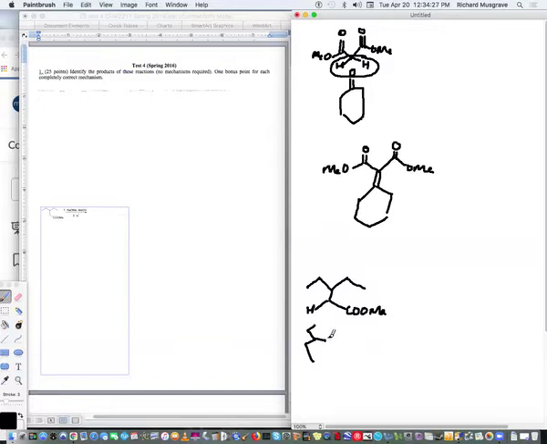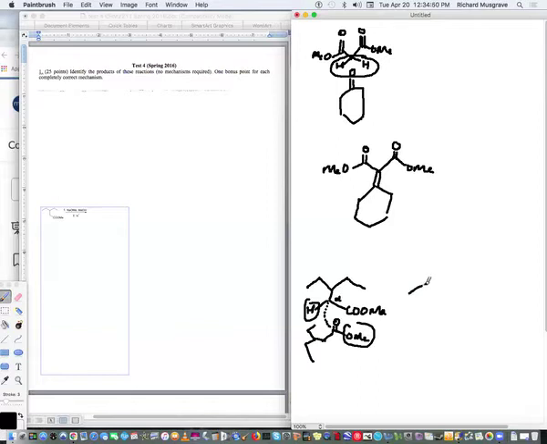Actually, I'll do this. So the join is always from the alpha carbon of one to the C double bond O of the other, with the loss of the ester grouping and a hydrogen.